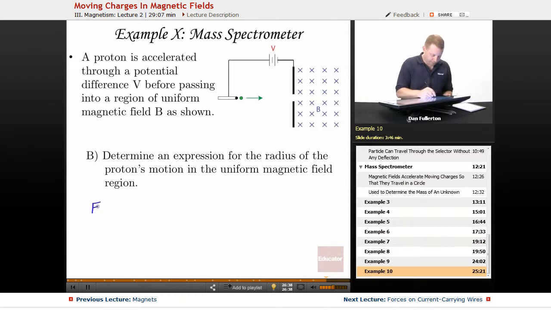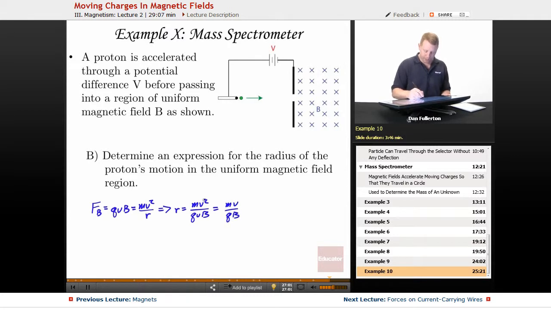All right, well, the magnetic force on it is qvB, and that has to equal mv squared over r because it's moving in a circular path, which implies that r is going to be equal to mv squared over qvB, which is equal to mv over qB when we cancel out one of those velocity factors. Radius in the uniform magnetic field, mv over qB.